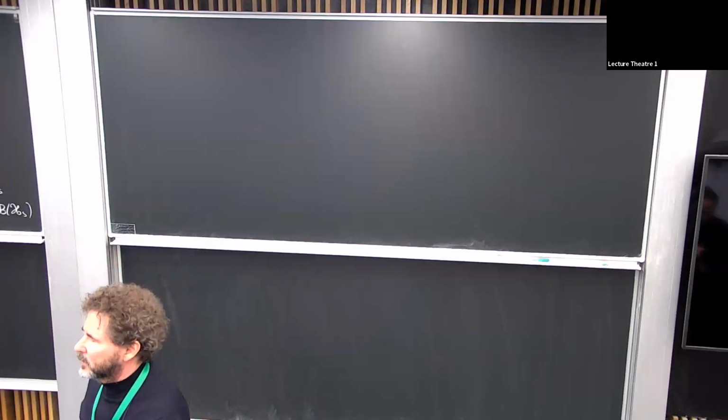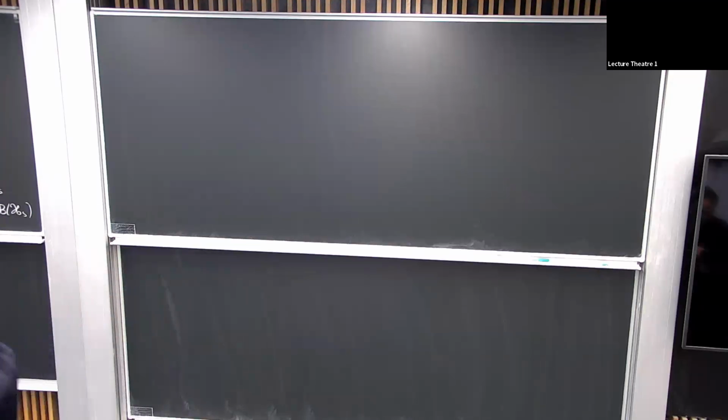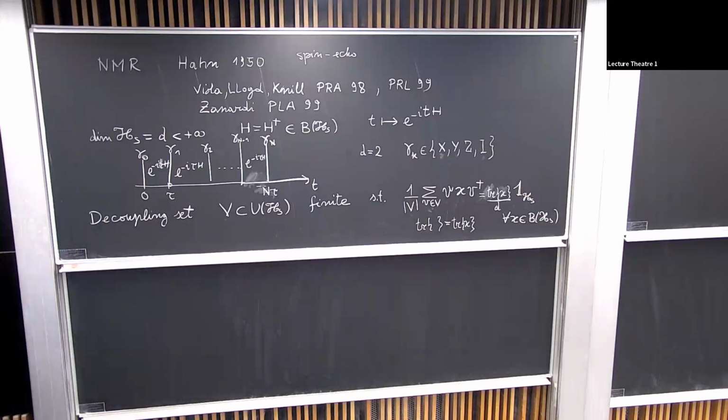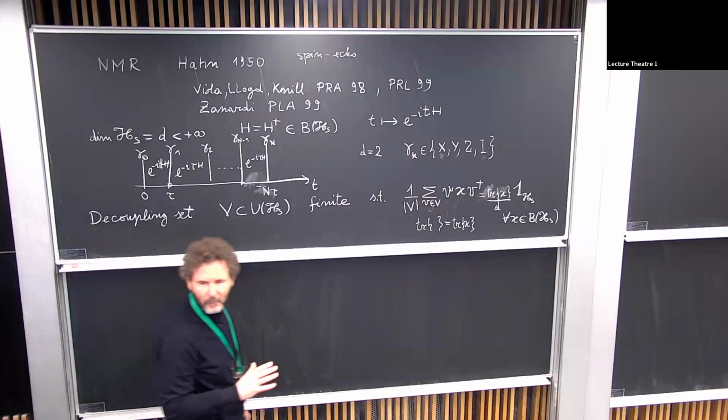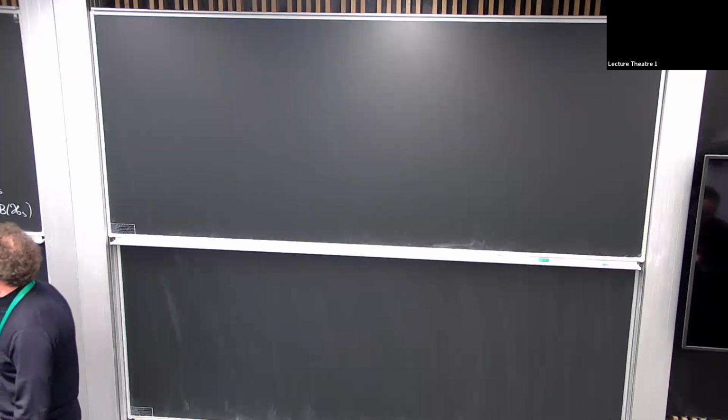You choose the V set to be the Weyl-Heisenberg operators? Yes, that's a possibility. No, it's not unique. There are many choices. In general, it doesn't need to be a group. The characterization of this set, I don't know, to tell the truth, but you can think of several.